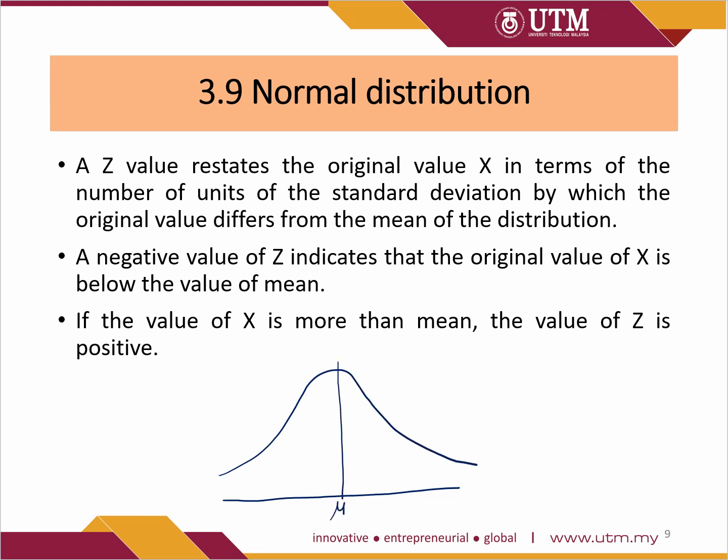Here is our mean, which is equal to 0, so negative z refers to the area on the left. If z is positive, it will be on the right side of the mean. And if the value of x is more than the mean, the value of z is positive.